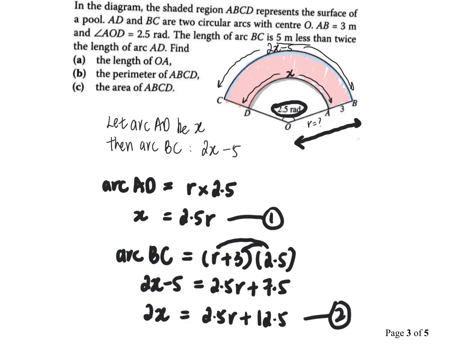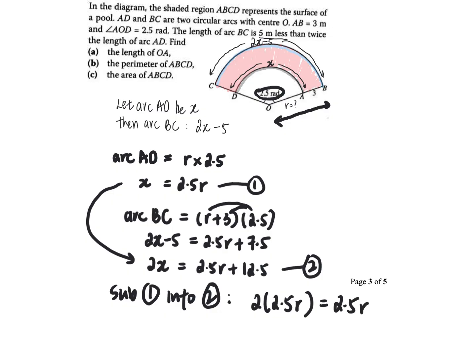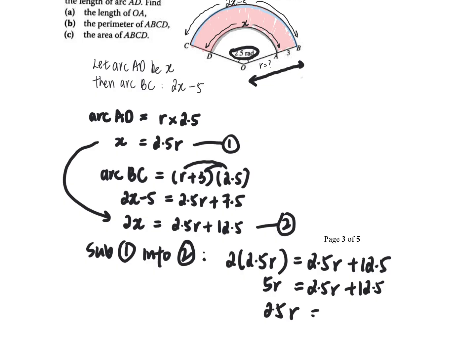My purpose is to solve for R, so I will sub the first equation into the second one. Okay, so radius is actually just 5 meters, which is the length of OA.